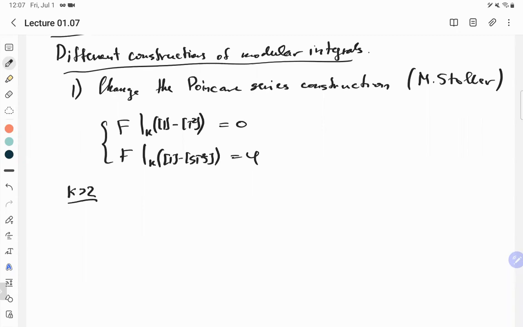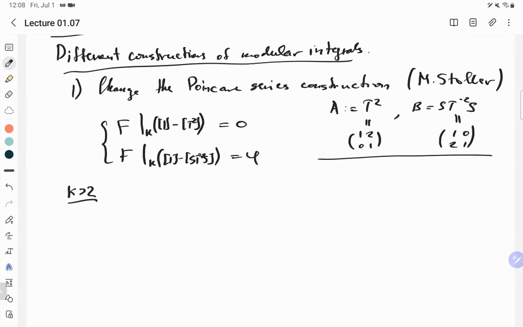I'll drop this square bracket notation and just call A the matrix T squared and B the matrix ST minus 2 S. So it's just the upper triangular and the lower triangular matrix. These are the two generators for the group gamma 2. The solution is a one-liner, but a very tricky one-liner.